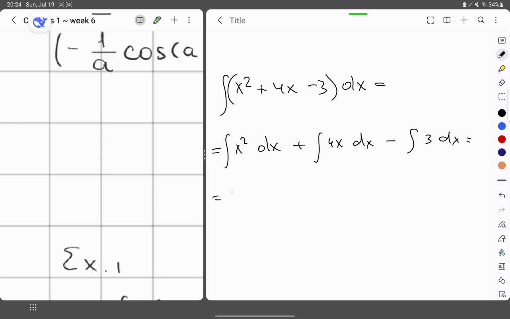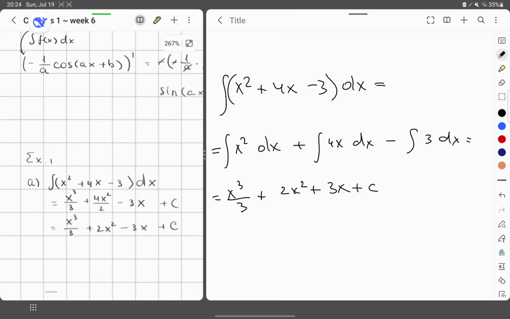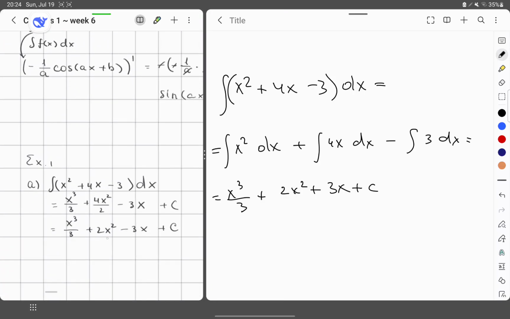It will be x to the power of 3 over 3, 4x squared over 2, which is 2x squared, plus 3x plus c. I think it will be like this, isn't it? Yes. Oh, yeah, that must be minus.